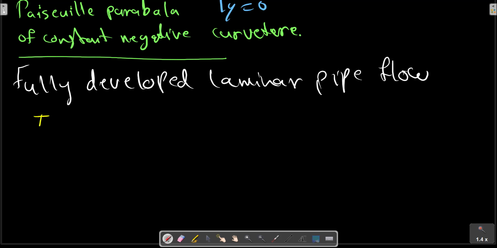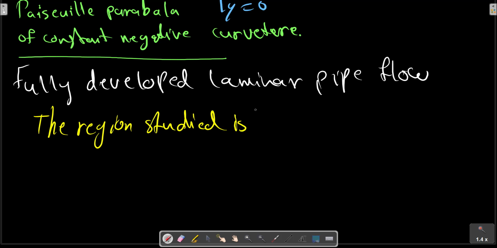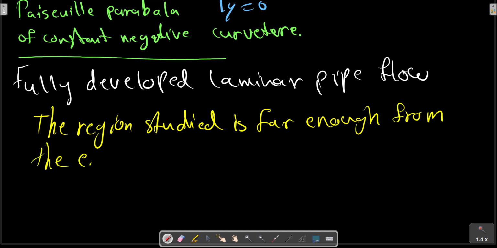The region studied is far enough from the entrance that the flow is purely axial.